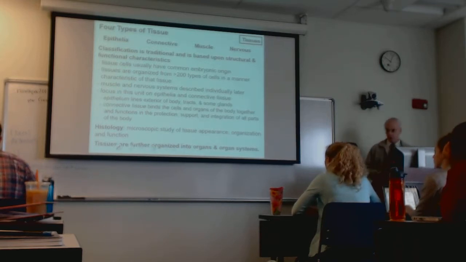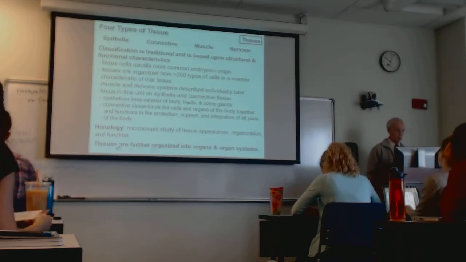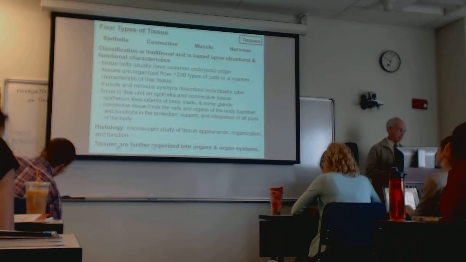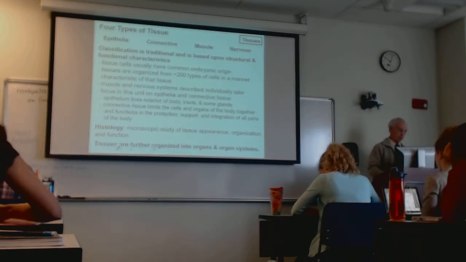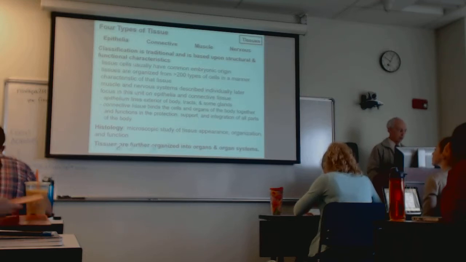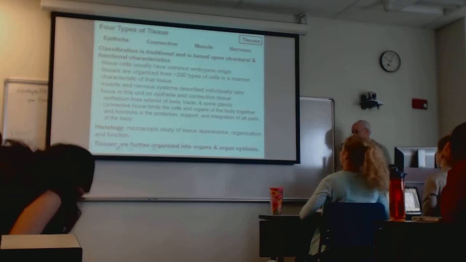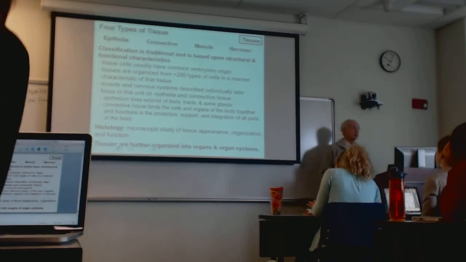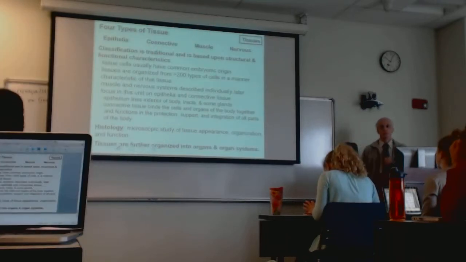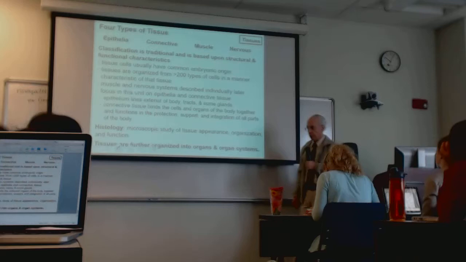There are a number of different types of tissues. Of course, there are over 200 different types of cells in the body, but in addition, a large number of tissues, and there are gradations between the two, so I wouldn't worry too much about the scholastic distinctions between the various types of tissues. In general, epithelium is that type of tissue that lines the lumens of tracts that are connected to the exterior of the body.